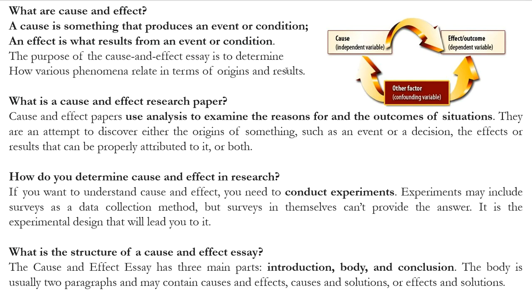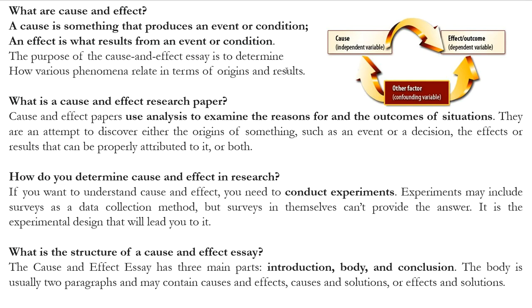In such a way as an event or a decision making based on situations, either a critical situation or a normal situation. The effects are results that can be properly attributed to a cause. Then, how do you determine cause and effect in research?